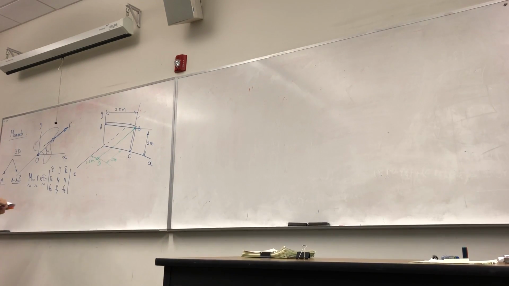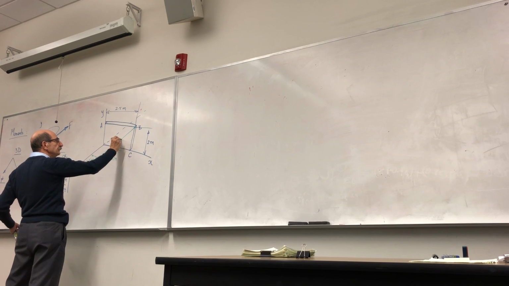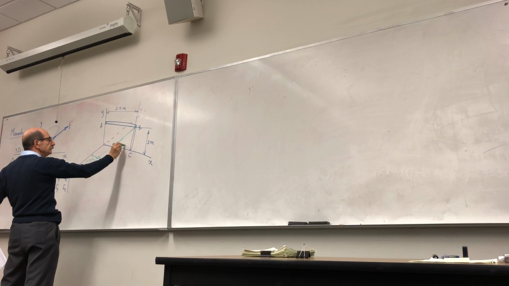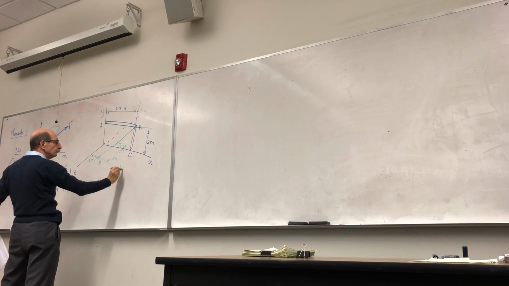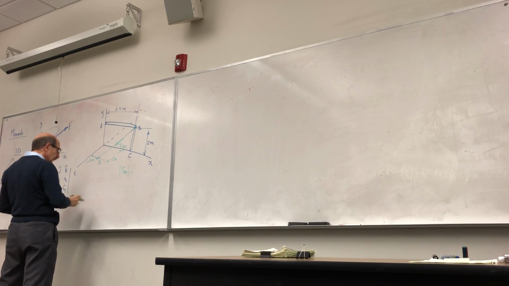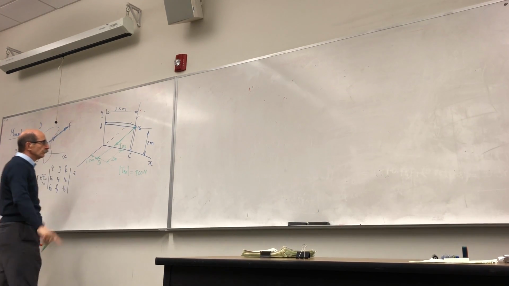Okay? You know that the force that is acting along this force, which I call force T, or tension force T_BD, has a magnitude given as 900 Newton. So this is what's given.